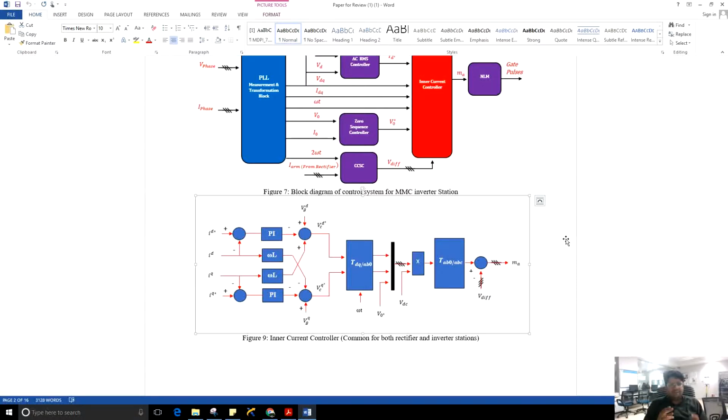These two reference currents, the D component and Q component of current, are obtained from the outer loop controllers, and these two components ID and IQ are the values of the measured currents in the present MMC. Now basically the output of this inner current controller is the modulation index, MA.